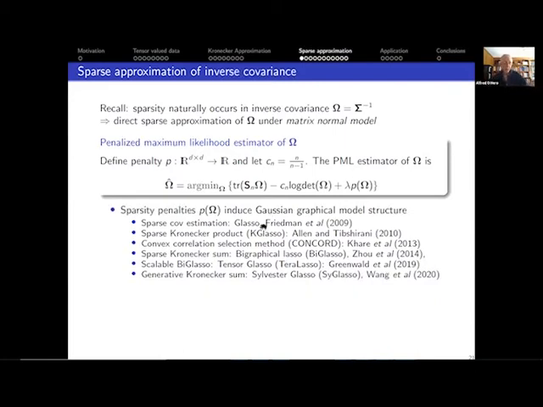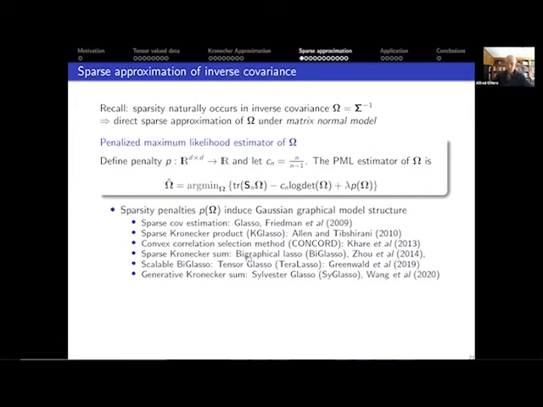and sparse covariance estimation goes back at least 15 years. The G lasso is one solution where this P just becomes an L1 norm on the matrix, right? So one can then look at sparse Kronecker products by incorporating a Kronecker product model into omega.